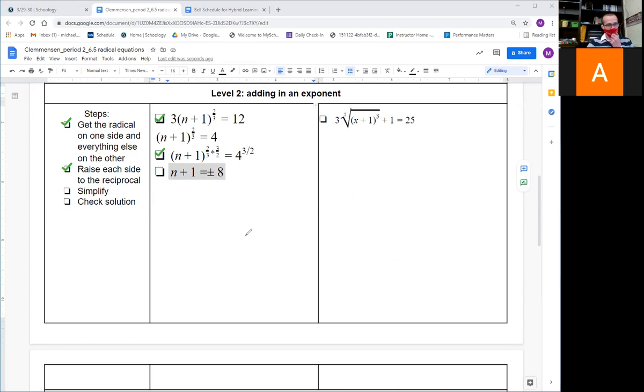It's the same thing we did with our warm-up, where technically, whenever we have a squared term, like n plus 1 squared right here, equals some number, let's just put a number sign. When I square root this to get rid of it, I always have to remember that I have to add the plus or minus out front.